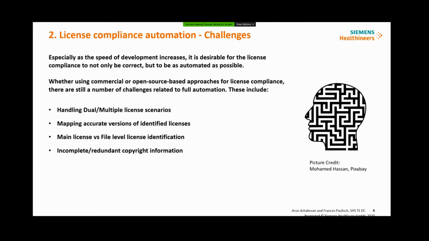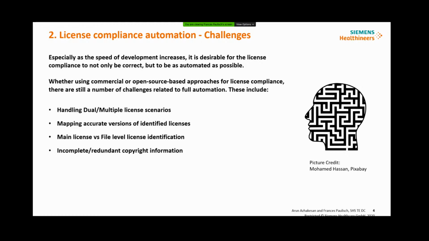Here you have to imagine you have components inside of components inside of components, n levels deep, and you have to go all the way down that chain to make sure that you are aware of and can correctly handle the licenses, even at the leaves of this tree. And sometimes there's incomplete or redundant copyright information, and this has to be clarified.